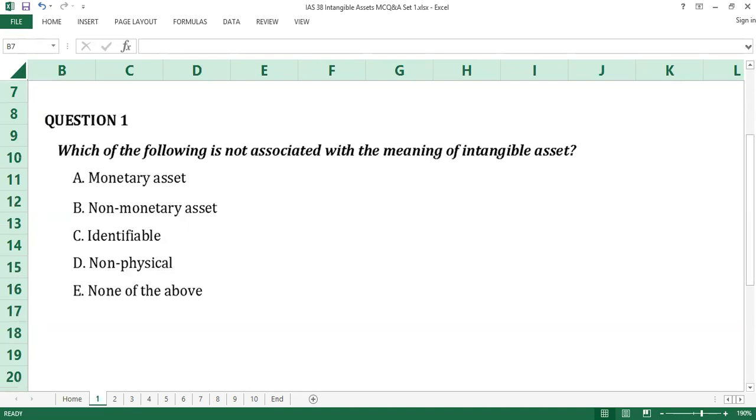Question number 1. Which of the following is not associated with the meaning of intangible assets? A. Monetary asset. B. Non-monetary asset. C. Identifiable. D. Non-physical. E. None of the above. Time counts.